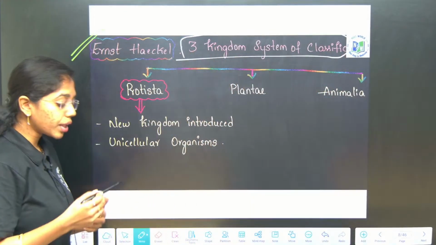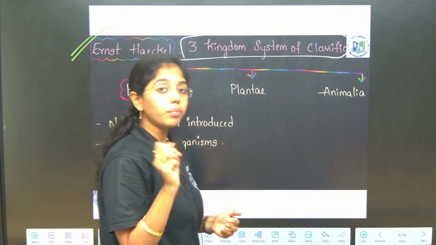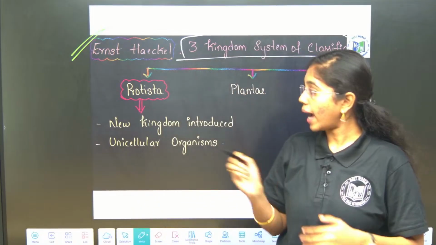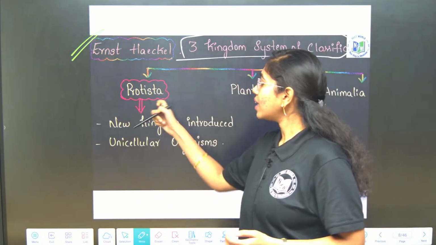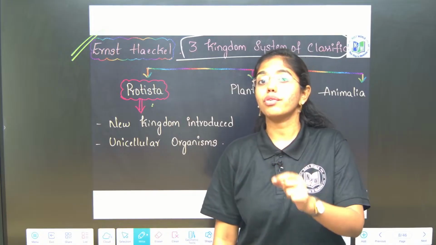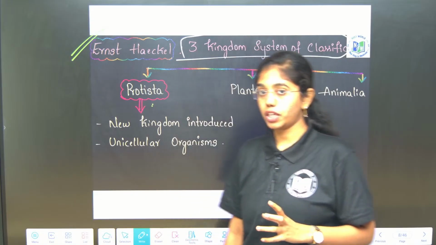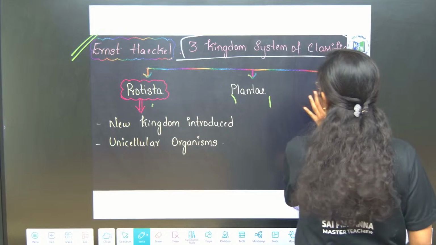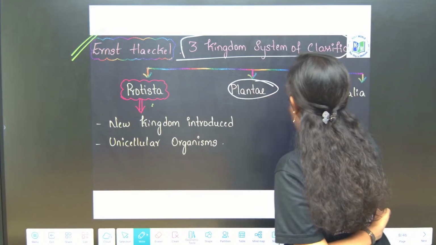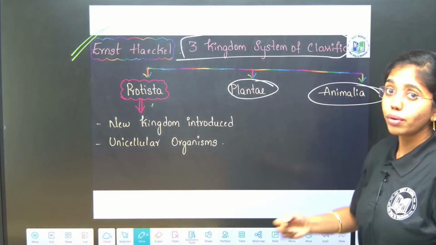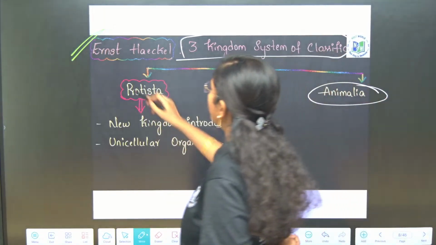So here in the three kingdom, four kingdom and five kingdom systems, one more point is added to the previous things: what is the new kingdom that is introduced? Along with Plantae and Animalia, the new kingdom introduced is Protista.